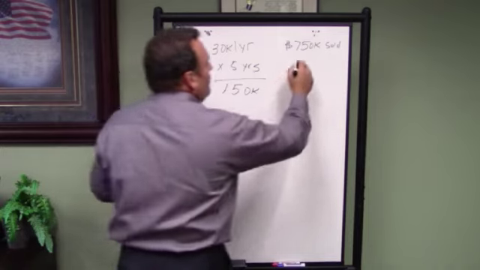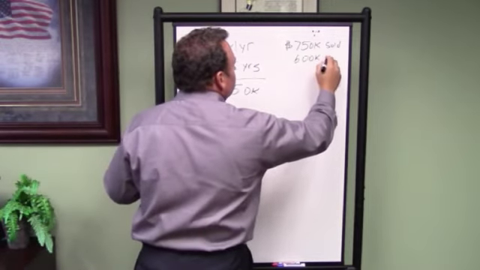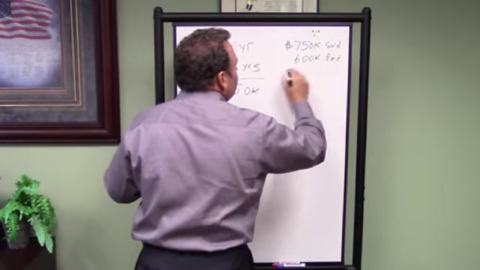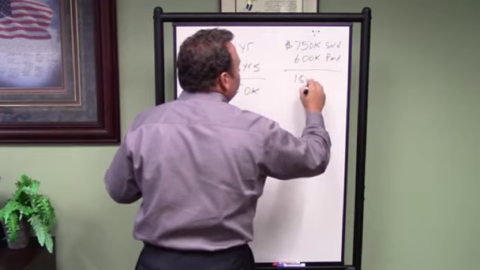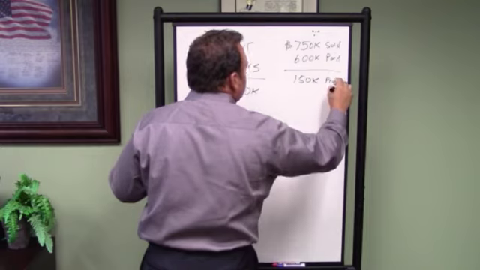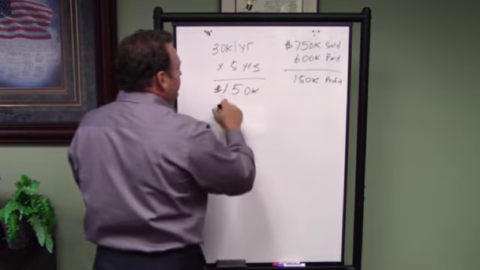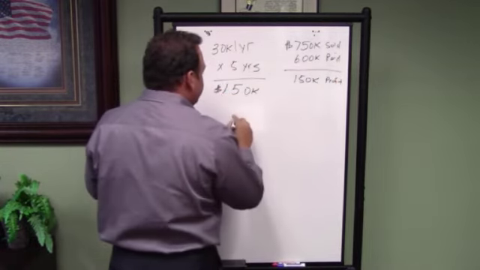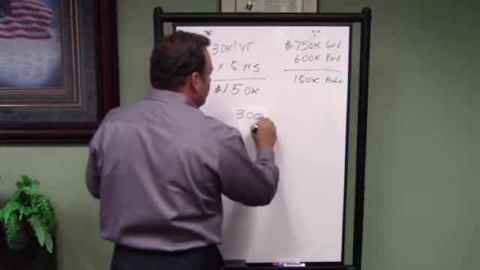We paid $600 for it, and therefore we made $150,000 profit. So we take our $150 in cash flow plus our $150 in profit, we get $300,000.